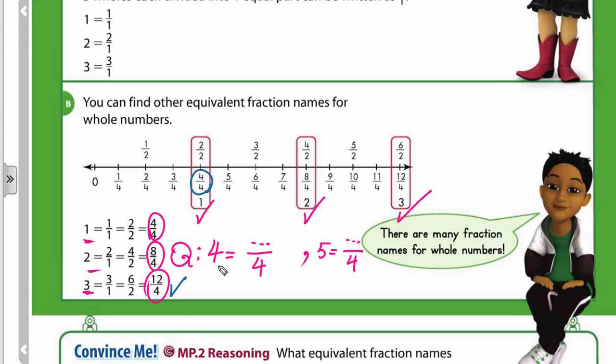The same here. So 4 whole is 4 of 4/4. It means repeat the 4/4, so it will be 4 times 4 equals 16. Okay, what about the 5? Anyone?